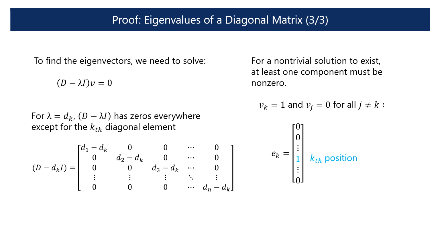For a non-trivial solution to exist, at least one component vk must be non-zero. By choosing vk equals 1 and vj equals 0 for all j not equal to k, we obtain the standard basis vector. Here, the 1 is at the kth position. Thus, the eigenvectors of D are the standard basis vectors, Ek.